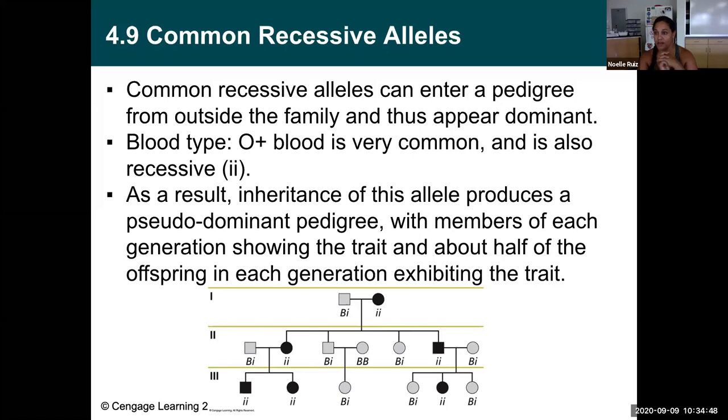I said, just because it's common doesn't mean it's dominant. And blood typing is one of those where the recessive is more common. In nature, it's called the wild type phenotype. Whatever is more common.